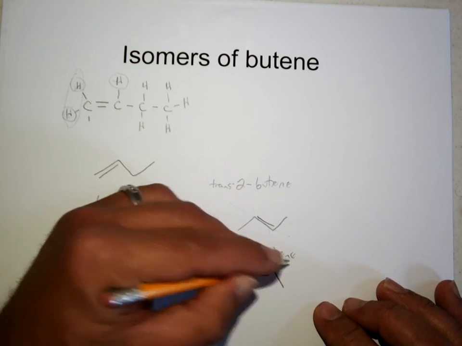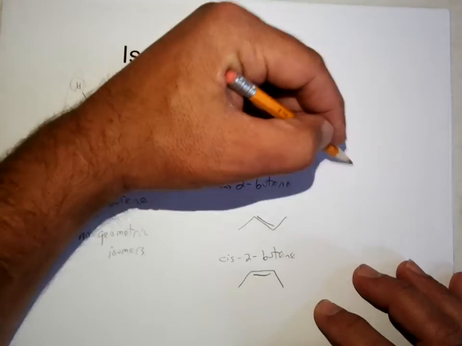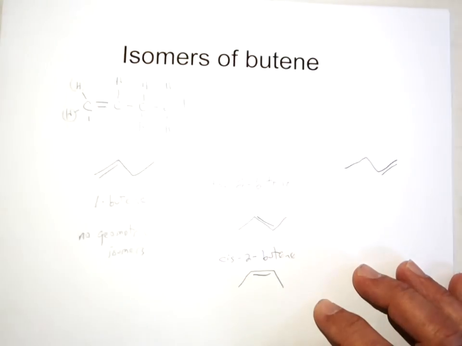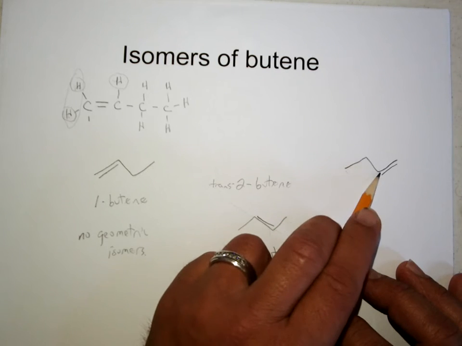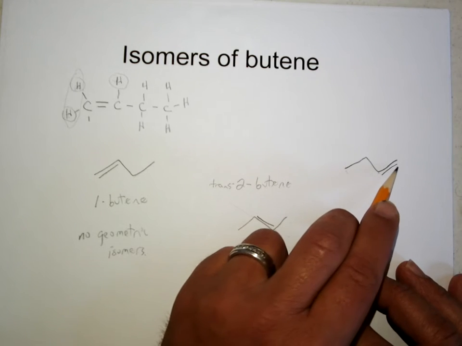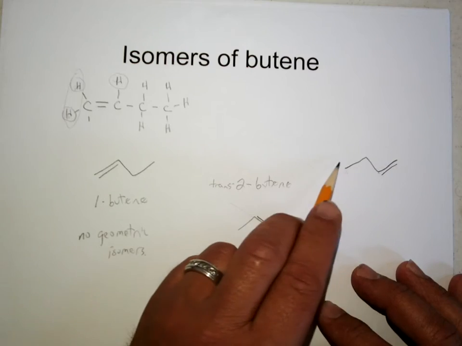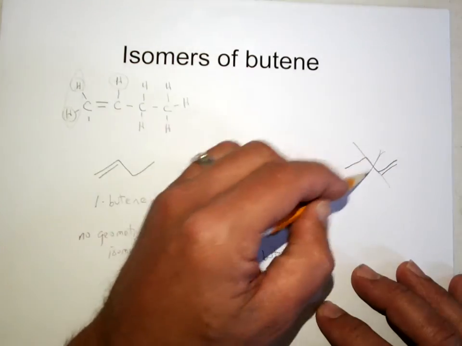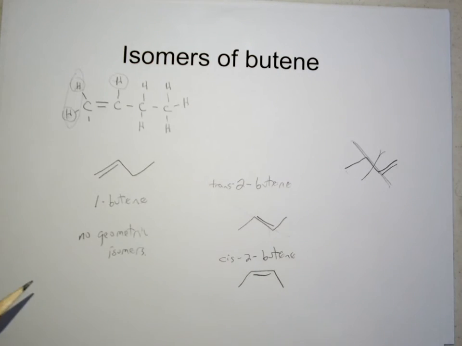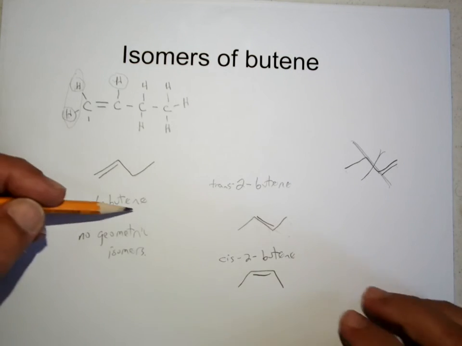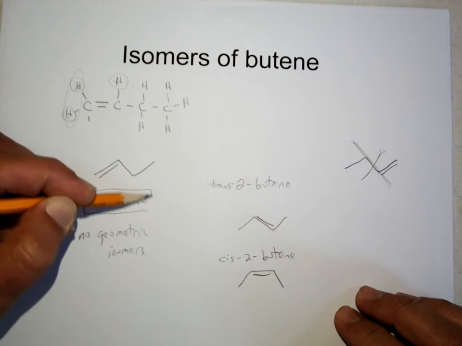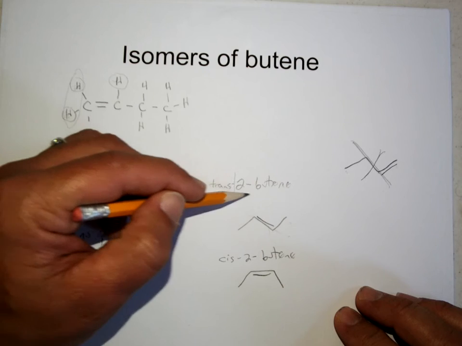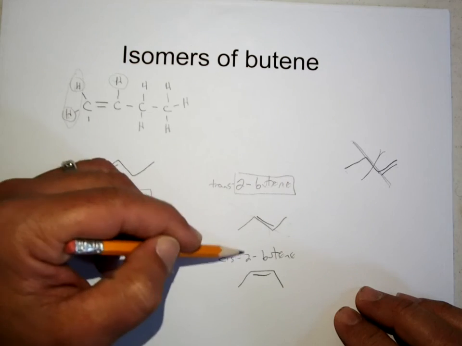And notice some people would go ahead and try to go 3-butene. But if you start the double bond on the 3rd carbon, it's really starting on the 1st carbon from the other side. So not a new isomer. The isomers of butene are going to be 1-butene, a constitutional isomer with no geometric isomers, and then 2-butene is the other constitutional isomer.